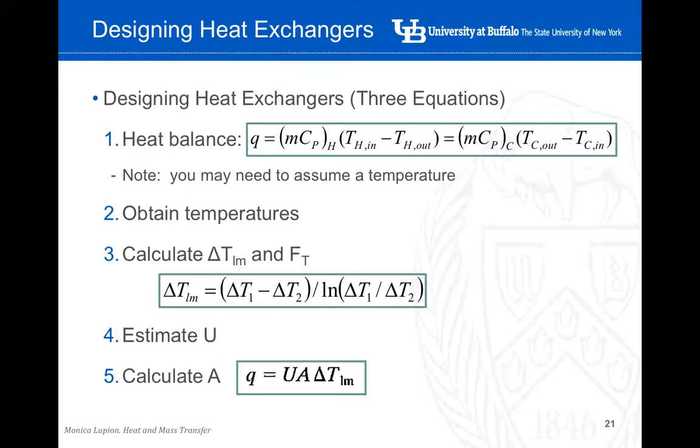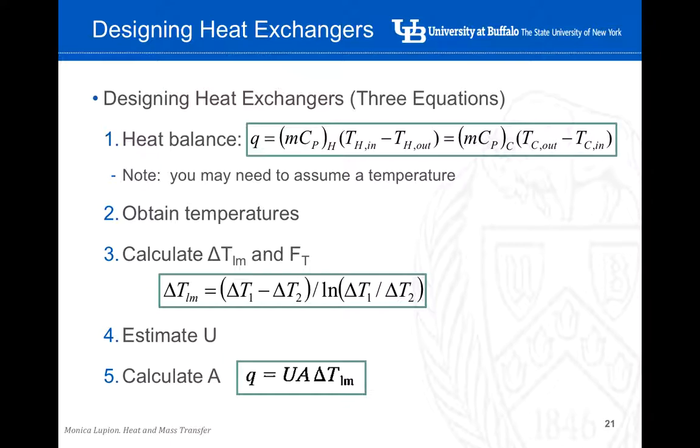In general, what are the steps that we need to put in place to design or to do an analysis over a heat exchanger? First one is the heat balance. A general heat balance over the equipment, taking into consideration the flows that are getting in and out.